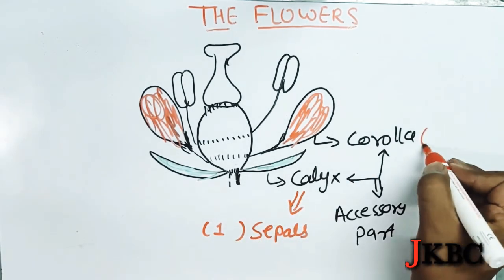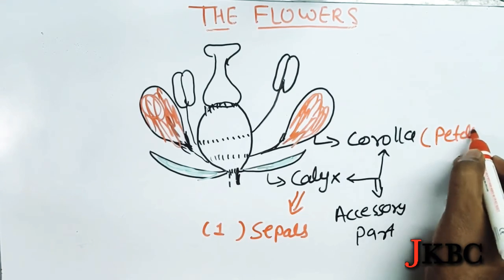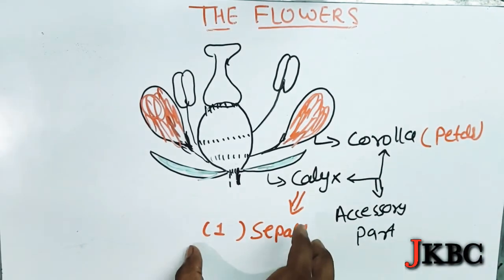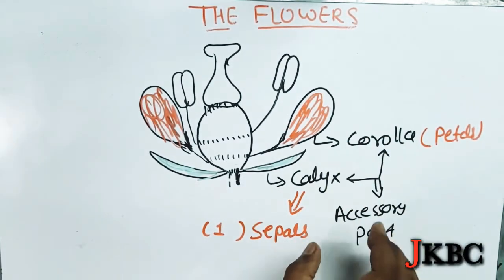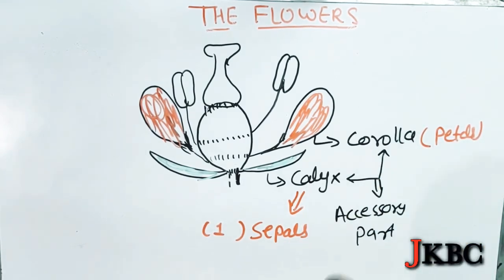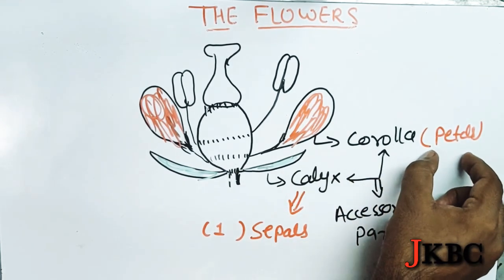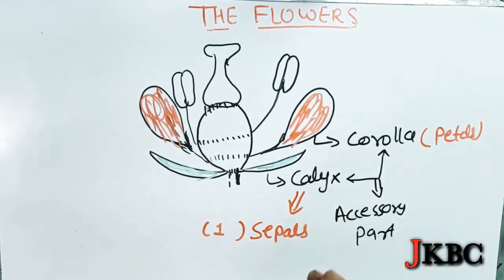Now the corolla, whose unit is the petal. Petals are different in color. The single unit of corolla is called a petal. If more than one is present, it is called corolla.